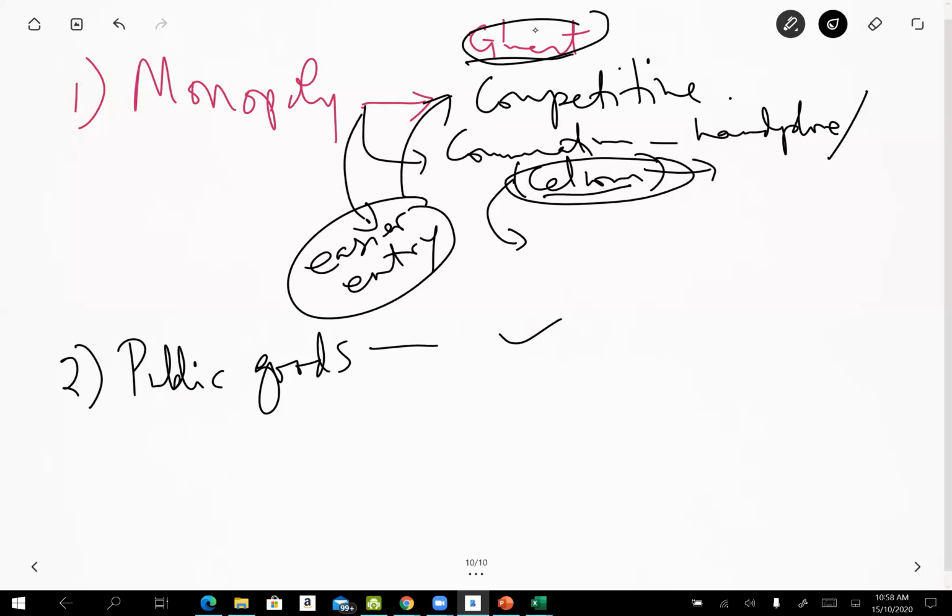Number three, you have externalities. In terms of the assumption of perfect competition, one assumption is there is no externality. Your self-interest actually contributes to social interest. Our own interest will be social interest.